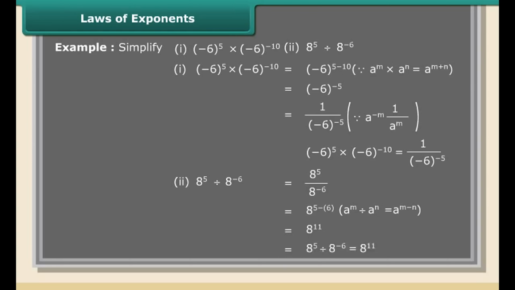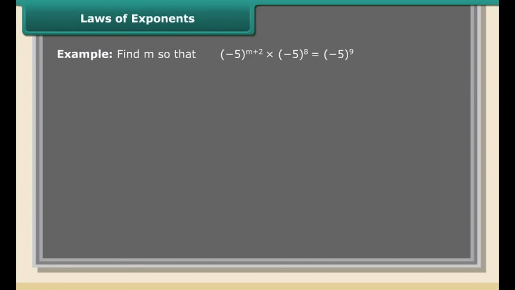Example: find m so that (-5)^(m+2) into (-5)^8 is equal to (-5)^9. Solution: (-5)^(m+2) into (-5)^8 is equal to (-5)^9. (-5)^(m+10) is equal to (-5)^9.